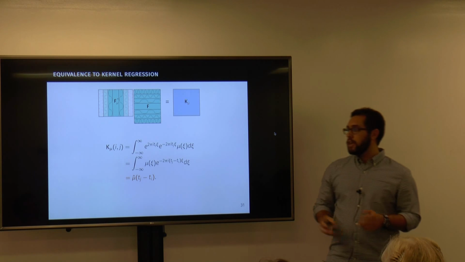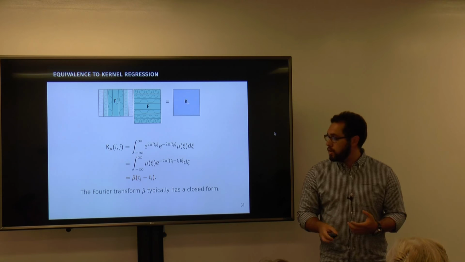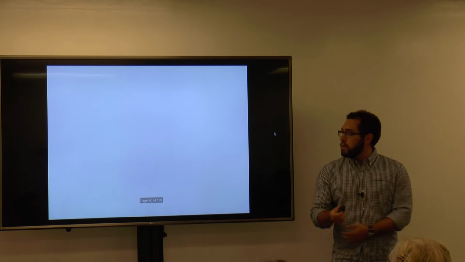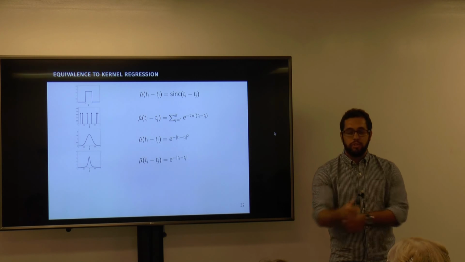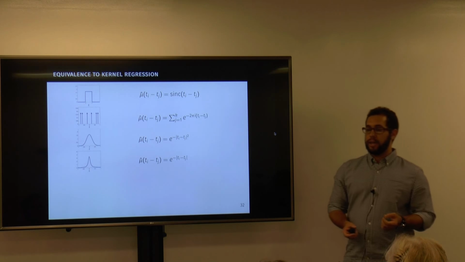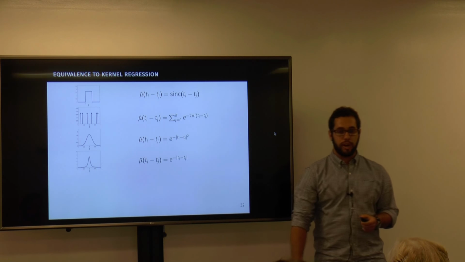So this takes a minute to work through on paper. It doesn't actually matter that much for the results we're going to show. But what it means is that for basically all standard constraints that you can give me, we can avoid dealing with this Fourier domain continuity, because these things have closed form Fourier transforms.